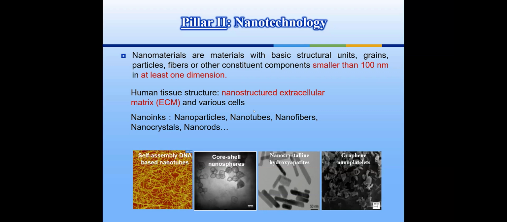One reason is we want to create a biomimetic scaffold. We want to mimic the natural human tissue structure. They have a lot of nanoscale features. For example, they have the nano-structured extracellular matrix surrounding different cells. Many papers have also reported that a nano matrix can improve cell behavior. So that's the reason we want to create that nano feature in our scaffold.